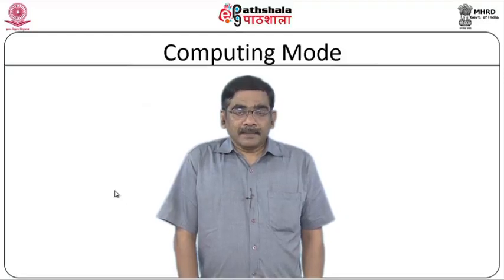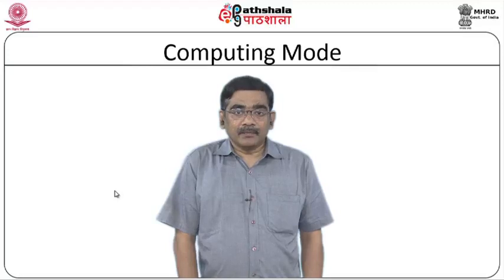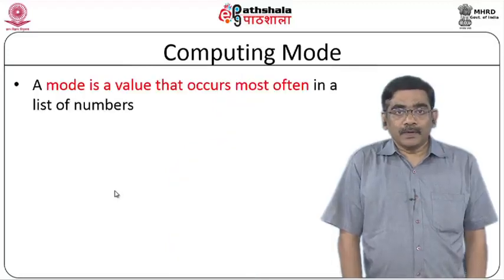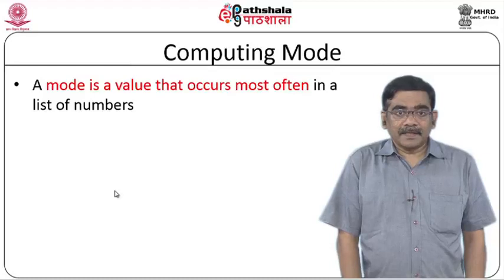Another good example of transform and conquer is computing the mode. So, what is a mode? Mode is a statistical operation which represents the value that occurs most often in a list of numbers.